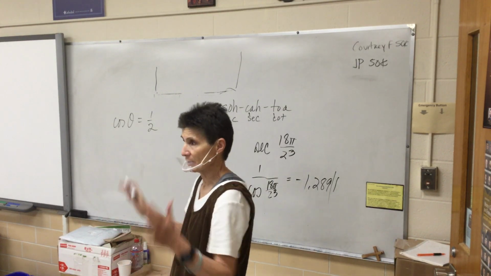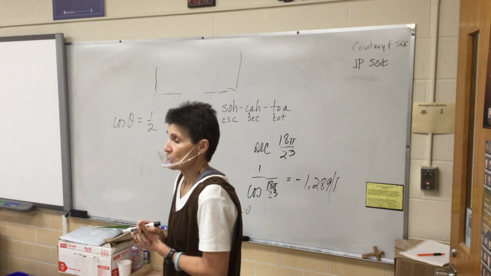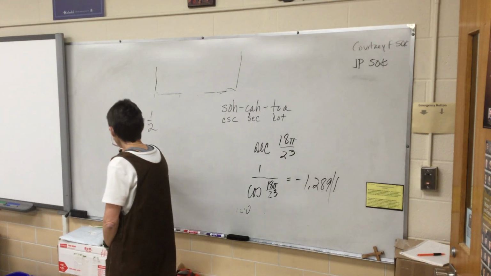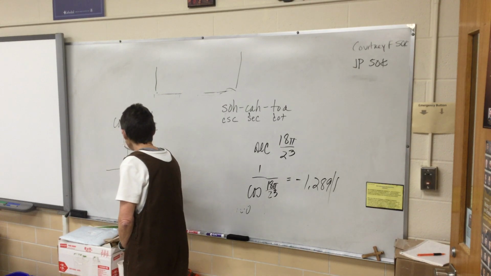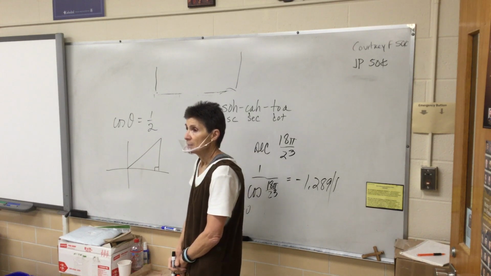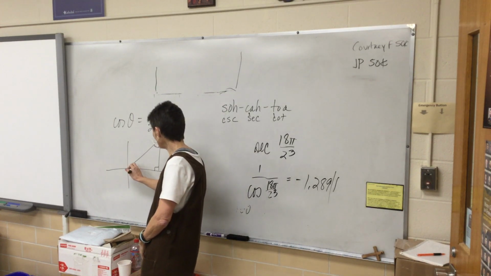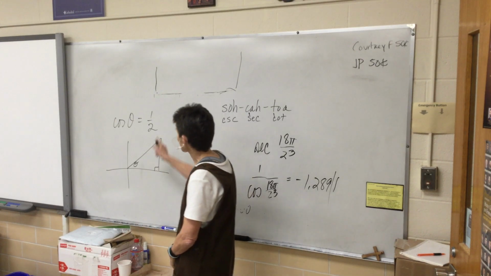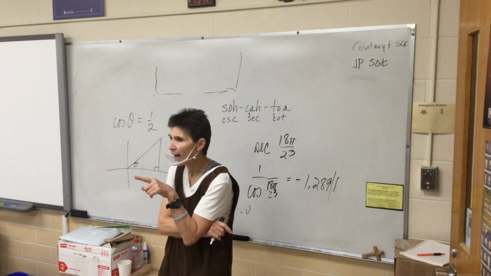So I'm going to draw that same picture that I drew earlier, just like that. I have no idea what this angle is, so I'm going to call it theta. But its cosine is 1/2.